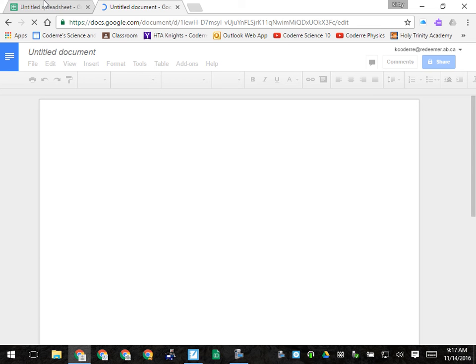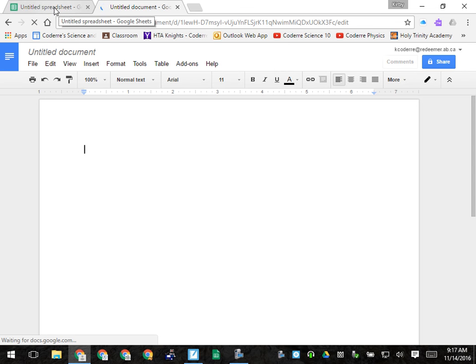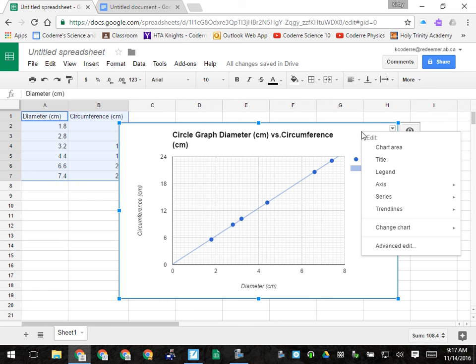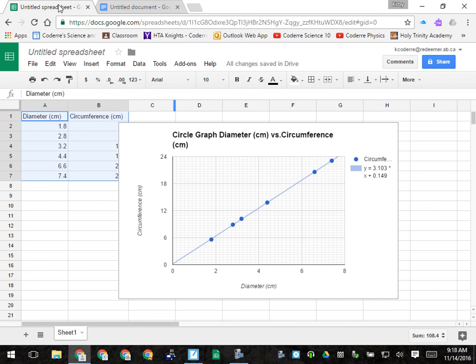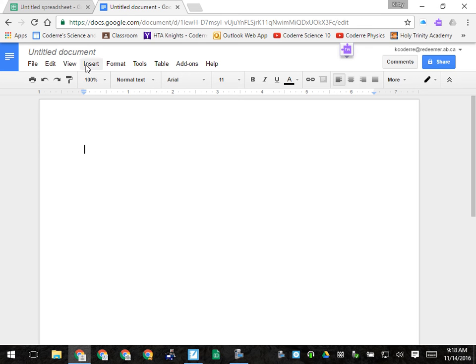Then I would take this thing here and copy it by clicking on the little triangle there at the top, copy chart, and go over to my untitled document.